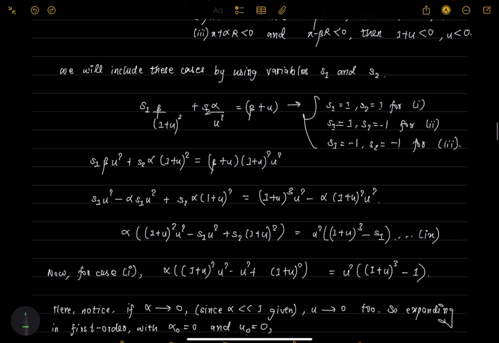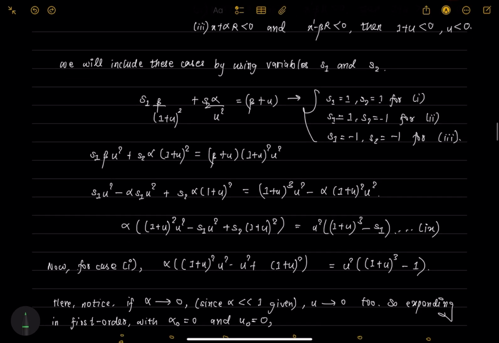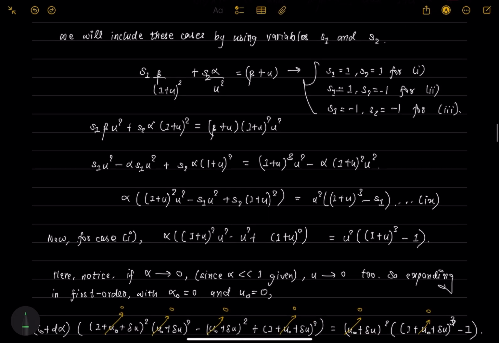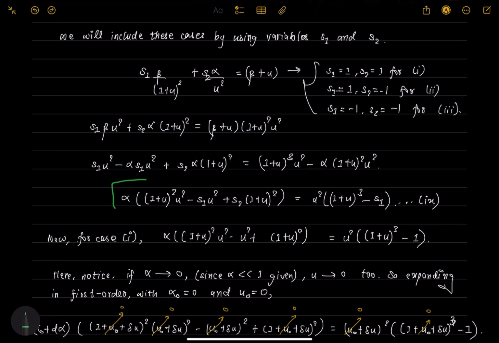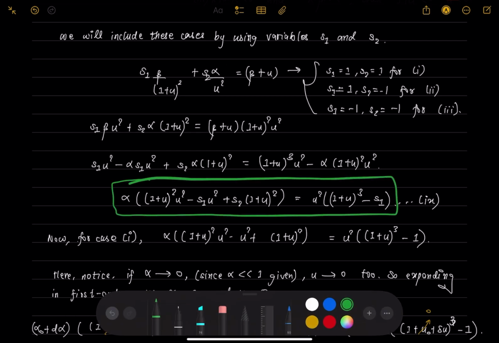So what we're now going to do is try to solve for u. And here is where the approximation that alpha is very, very small as compared to 1 comes in. So let's try to express beta in terms of alpha, and you know that beta is 1 minus alpha, and separate the equation such that we can factor out alpha from all of the terms which contain alpha.